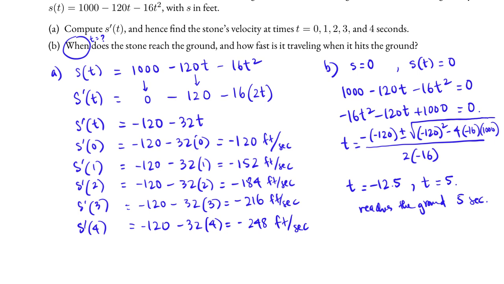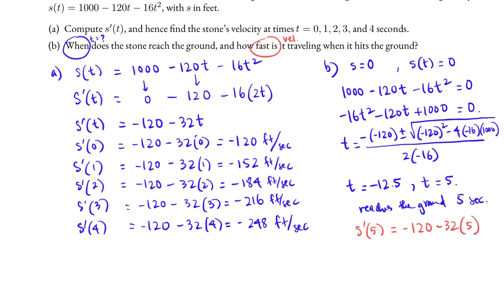How fast is the question about the velocity or derivative. In this case, we simply find out what s prime of 5 is, and we evaluate it like we did before. We plug 5 into the derivative, which is negative 120 minus 32 times 5.